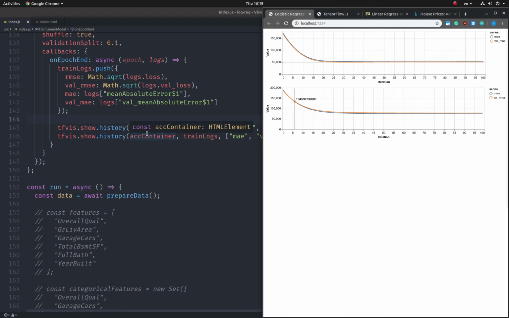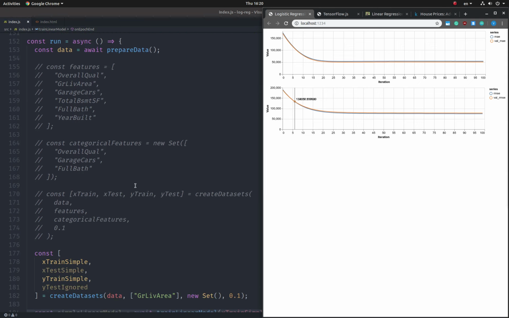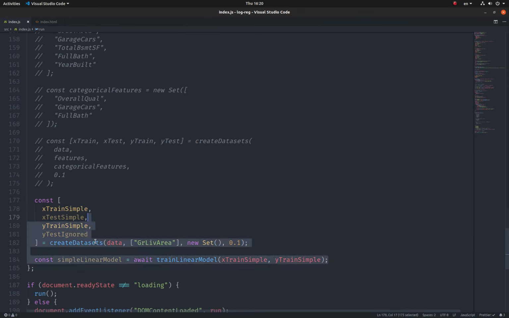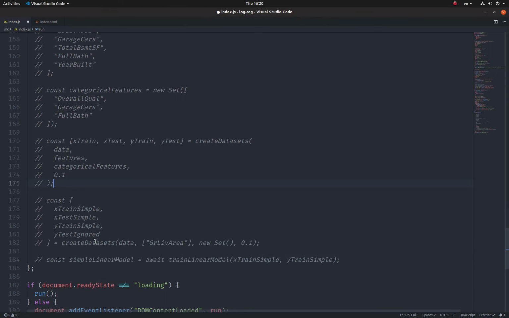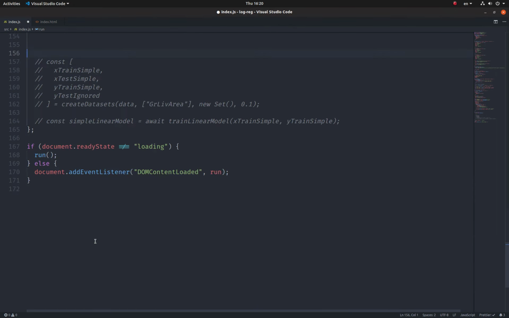And the next thing I'm going to do is create a more complex version of this model. So to do that, I'm going to comment out the simple version, and I'm going to take those features that we commented out.